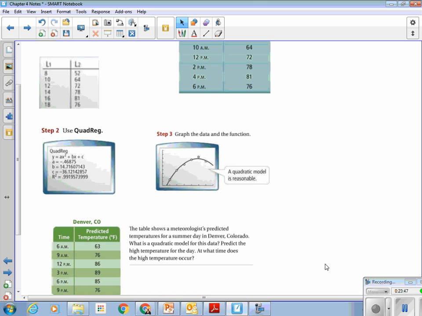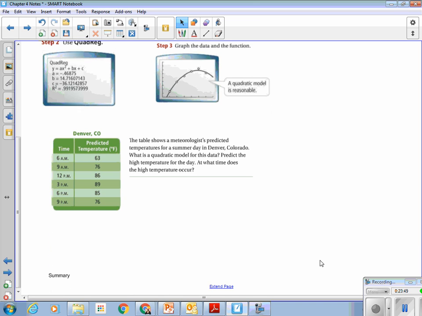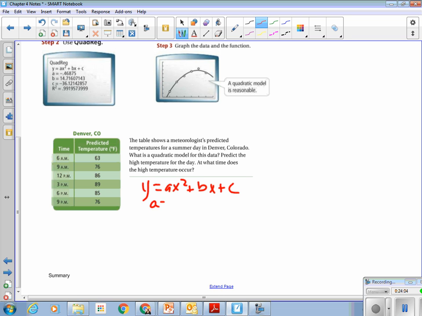So when we plug this into our graphing utility, my calculator says y equals ax squared plus bx plus c, and it tells me what a is, what b is, and what c is, and we have to take those pieces of information and create our function.